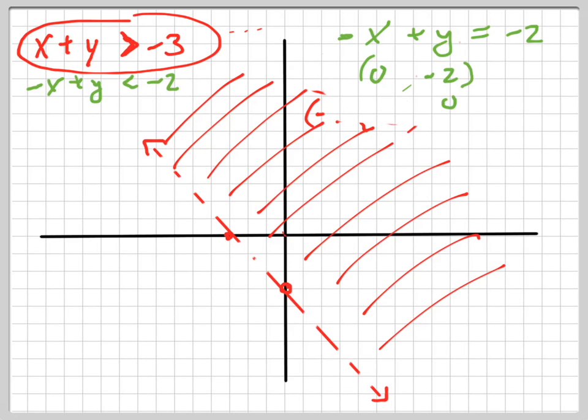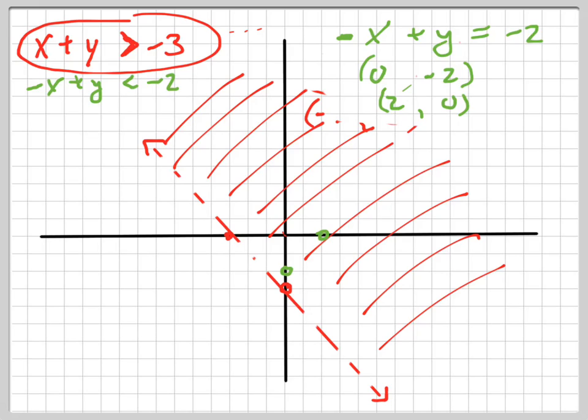And if I plug in 0 for y, what does x have to be? This is tricky. It's got to be +2 because that's already got a negative in front of it. So (2, 0) is right here. Notice it's an open circle. And (0, -2) is right here.